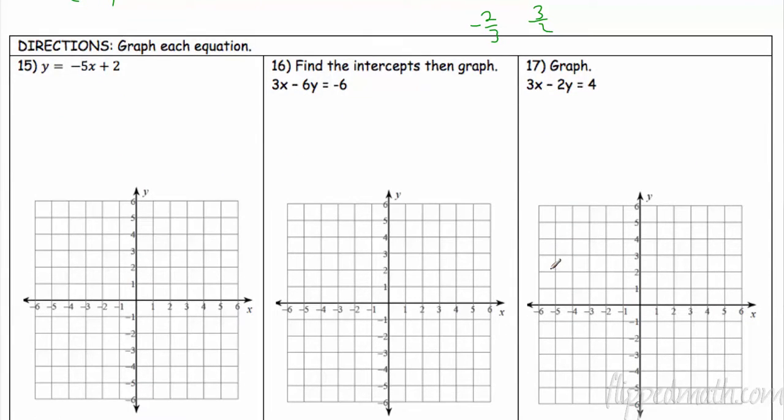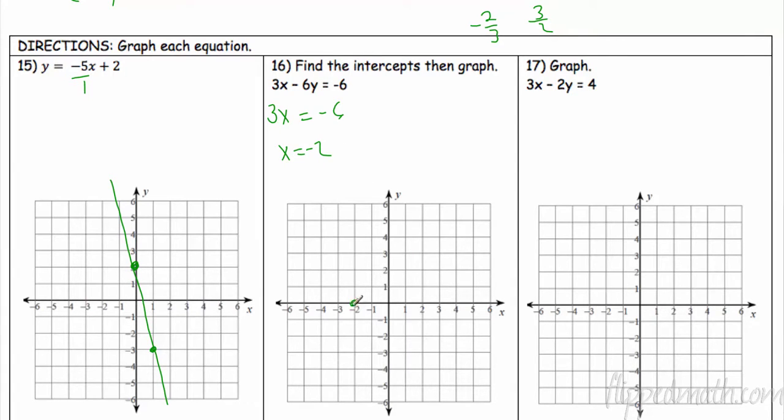Graph each of these equations. Y equals mx plus b. So I'm starting at 2. Down 5 over 1. 1, 2, 3, 4, 5 over 1. And I'm really bad at drawing lines on this. Find the intercepts. So I want to find y is 0: 3x equals -6. 3x divided by 3, x is -2.